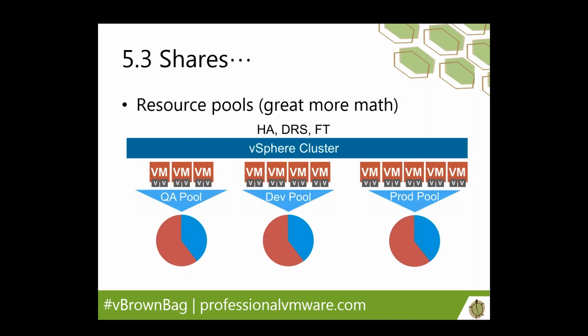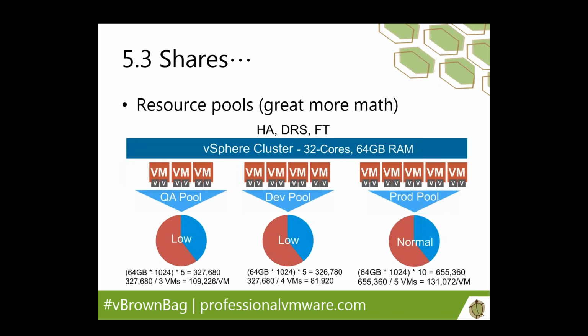So I mentioned that there's more math. Did I go backwards? No. So here we've got an example, what we use from the first slide. I've got a QA pool with 3 VMs, a dev pool with 4, a prod pool with 5. If I were to use the built-in shares of low and normal, and I've got a cluster of 32 cores and 64 gigs of RAM, I'm doing this based on memory.